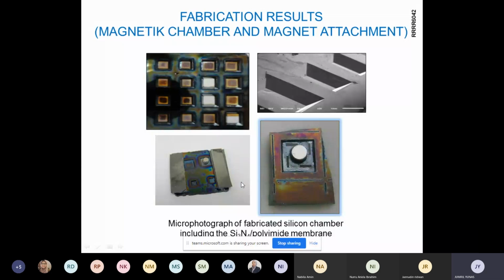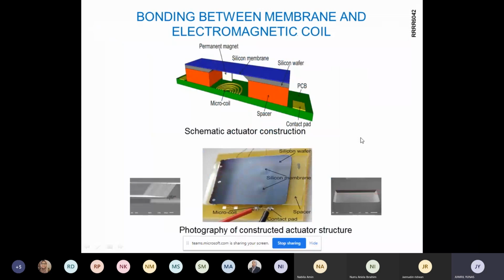as the membrane. For our actuator, we glue a magnet, attaching the magnet on the membrane. And then finally, we bond our planar coil with the prefabricated membrane.